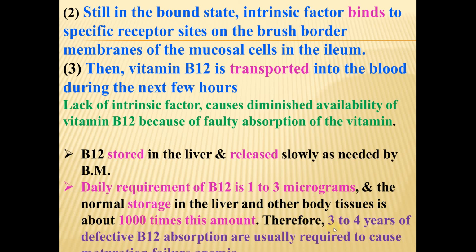So 3 to 4 years of defective B12 is usually required to cause maturation failure. Pernicious anemia rarely occurs because of the storage. The storage will be depleted if the deficiency or defect continues for 3 to 4 years before the effect of vitamin B12 deficiency appears.